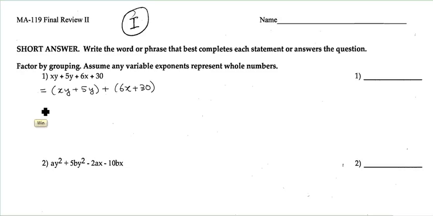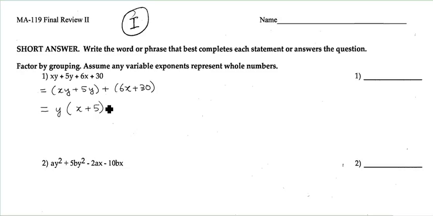From the first group, do we have anything in common? Y is in common. So we factor out the Y. Once we factor out the Y, we will have x plus 5 left over. Now we should know how to get the leftover: the original terms divided by the GCF.